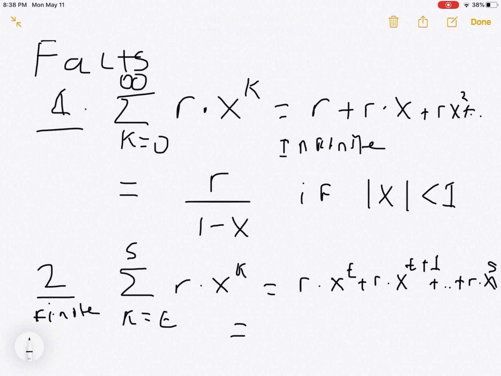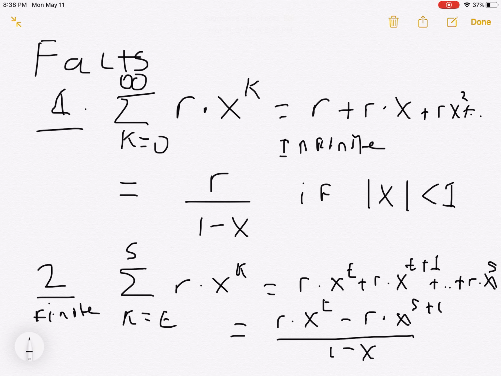This finite sum, which could have many, many terms, is going to be r times x to the t minus r times x to the s plus 1 divided by 1 minus x.